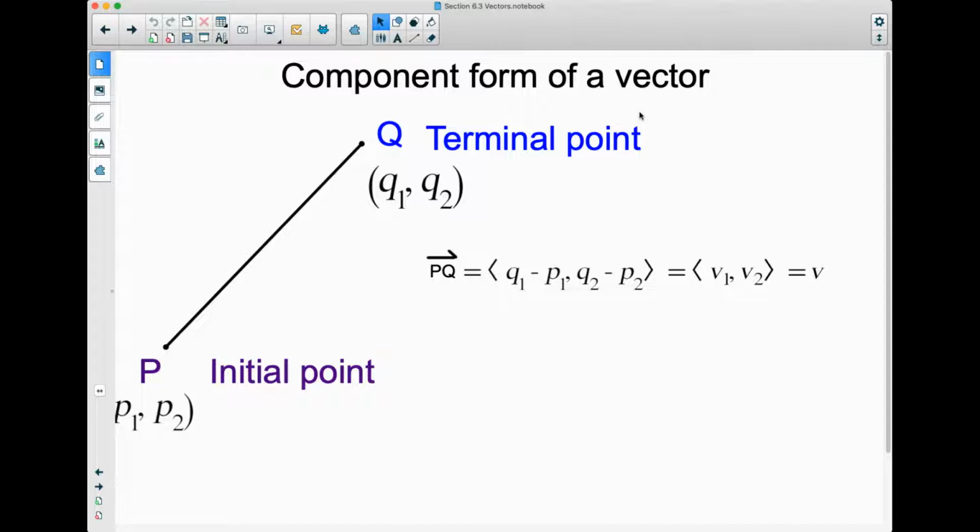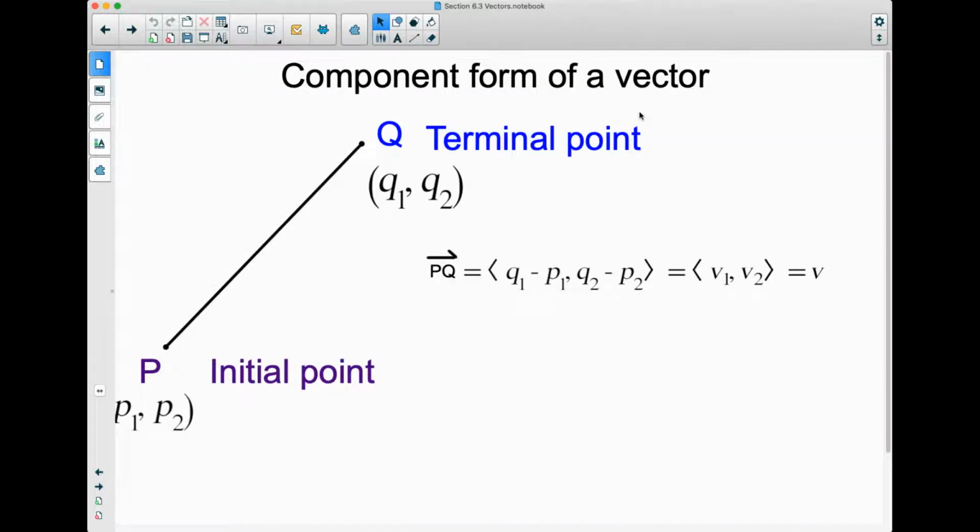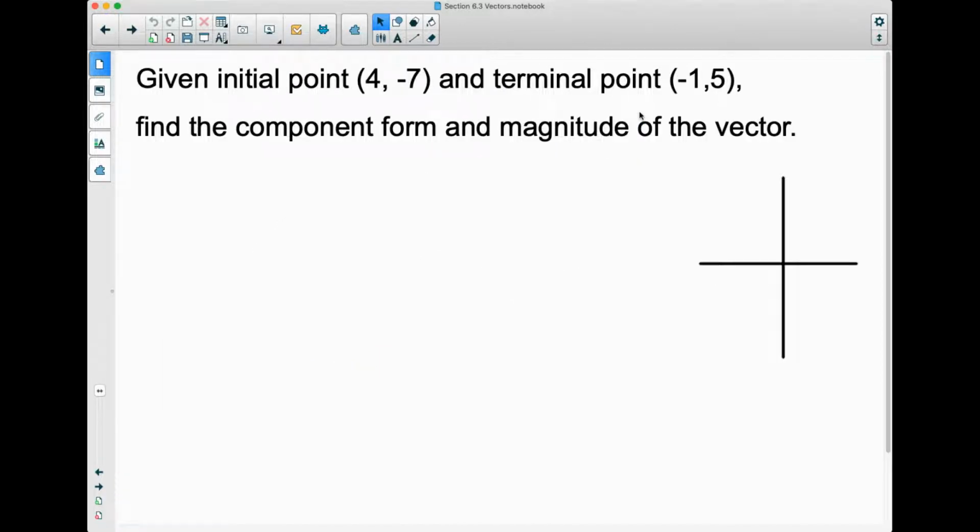All right, so I'm going to show you how to find the component form of a vector using Algebra 1 stuff, and then you could also use this as well. Does anyone still need that? Okay. So let's say I was to graph or plot the point 4, -7.